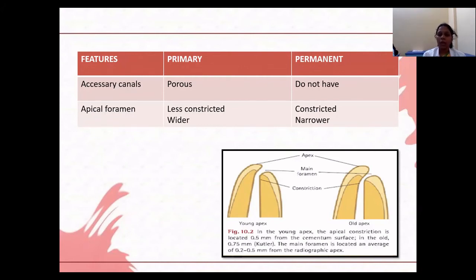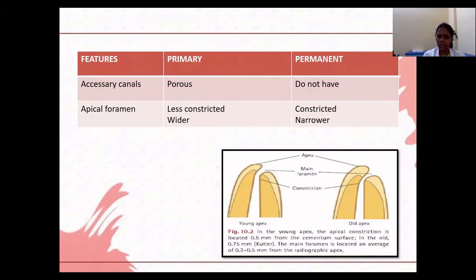So when you are writing any diagnosis for the primary teeth, you can see the infection or pathological condition mostly in the furcal region when compared to the apical region. But for permanent teeth, you can appreciate the infection or any condition only in the apical area when compared to that of the primary dentition.